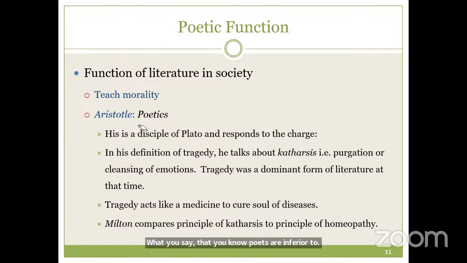But the point where you say poets actually fuel passions is something I differ with. In fact, by producing literature, a poet is acting as a what? Healer."